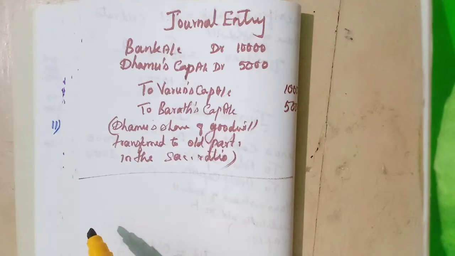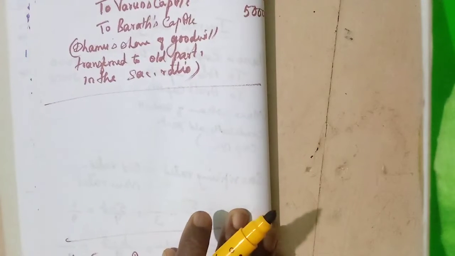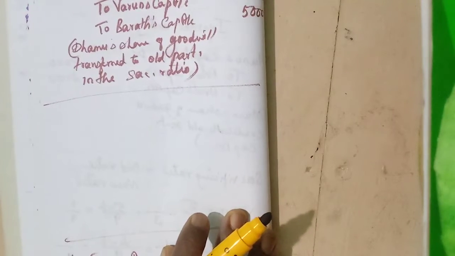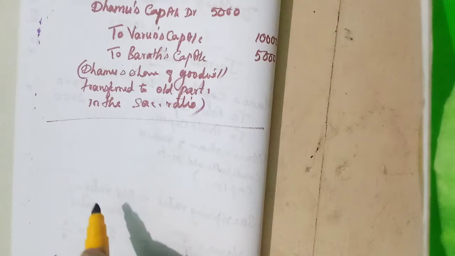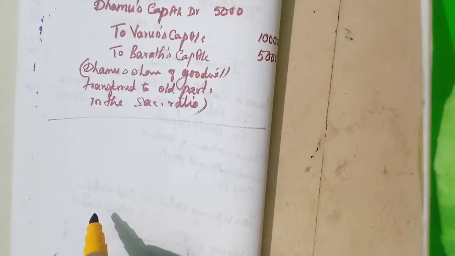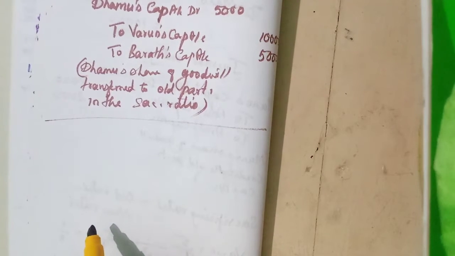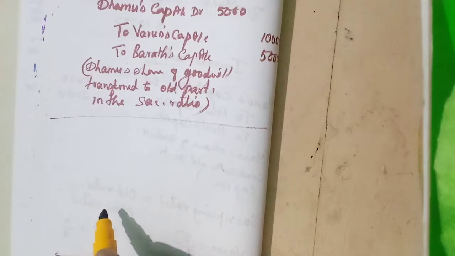They have to write off the goodwill. Goodwill shows which balance? Debit balance, isn't it? So that debit balance must be cancelled. So we need to credit the goodwill, and we should debit the old partners' current account. Either they will write off the entire goodwill, or they will write off a part of it.